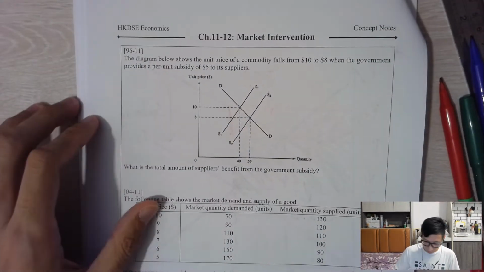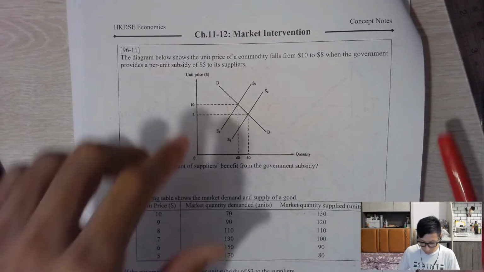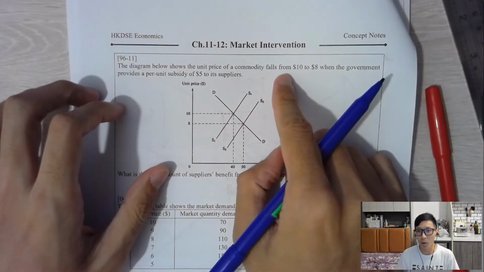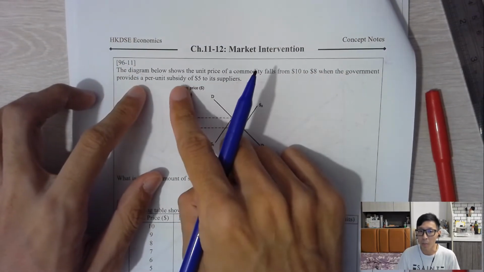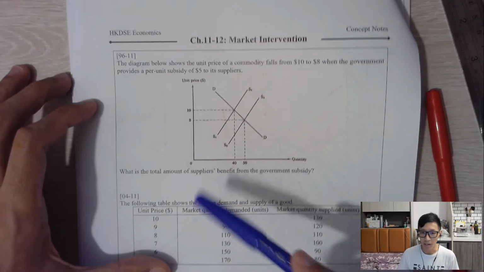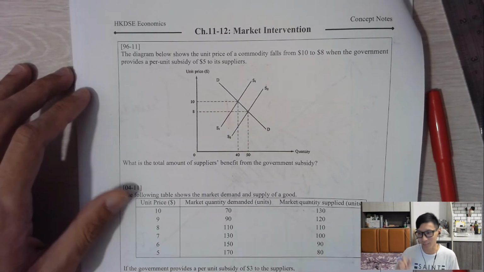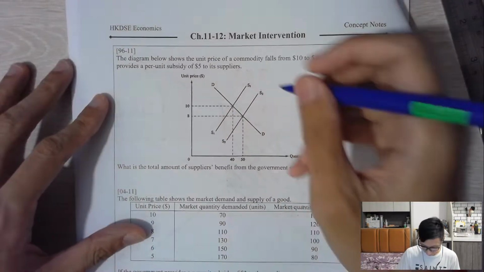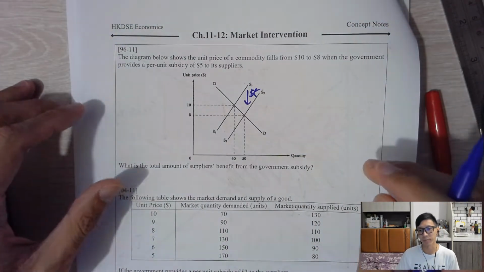Okay, here we go. Here you have a diagram. It shows the unit price of a commodity falling from 10 to 8 when the government provides a per unit subsidy. What is the total amount of suppliers' benefit? You see, right? We know this is a $5 subsidy.